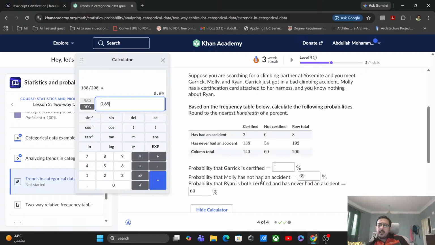Molly is certified. She has never had an accident. That's 138 out of 200. Ryan, both certified and has never had an accident: 138 out of 200. Again, 69.